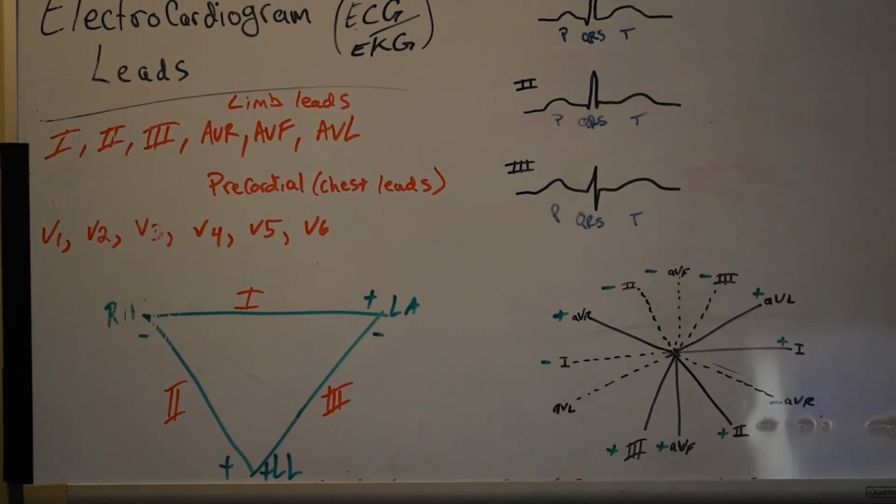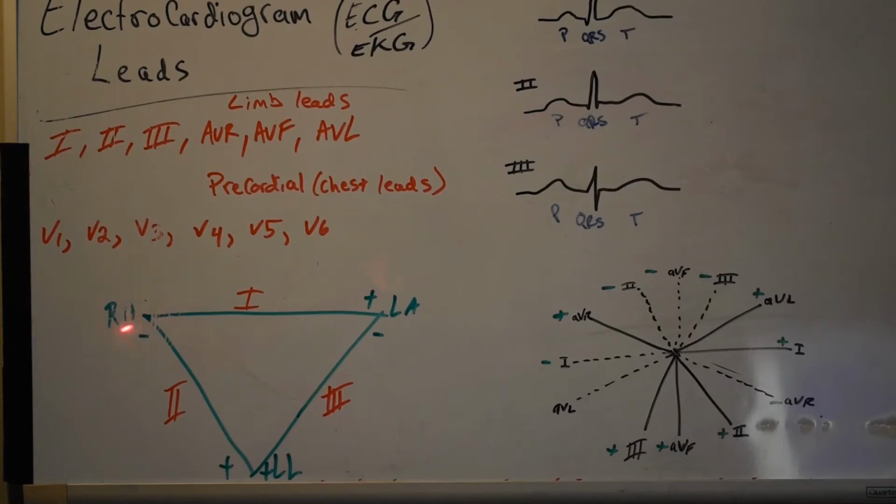Now the major difference between the limb leads and the precordial leads is that the limb leads, in a sense, give you almost a two-dimensional view of the heart. So if you look down at this green triangle, they give you a sense of the electrical impulse basically from the top to the bottom.